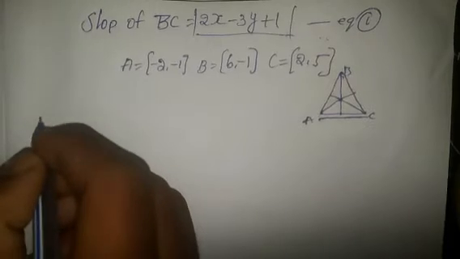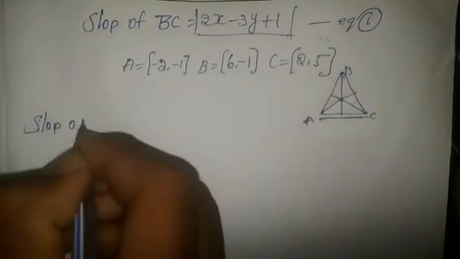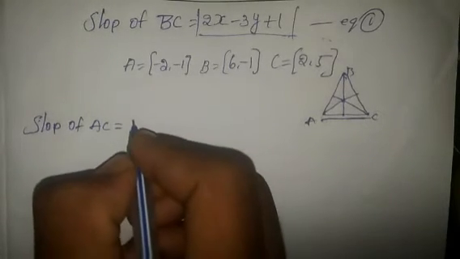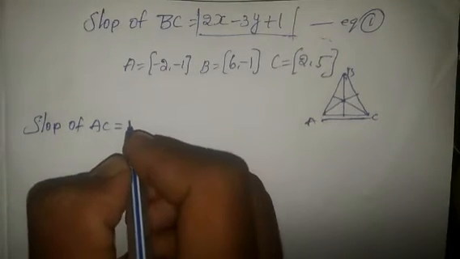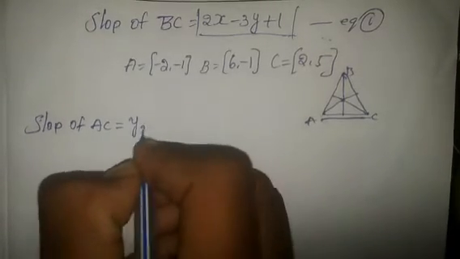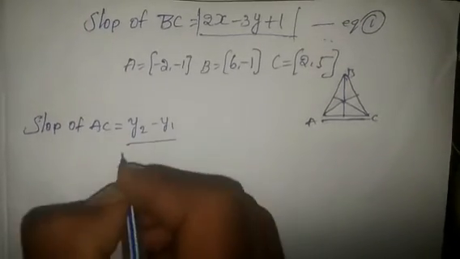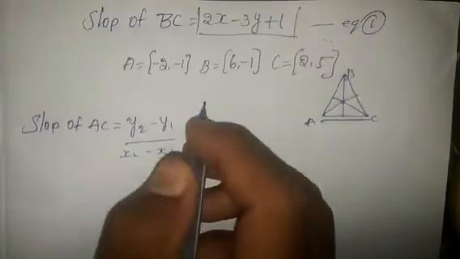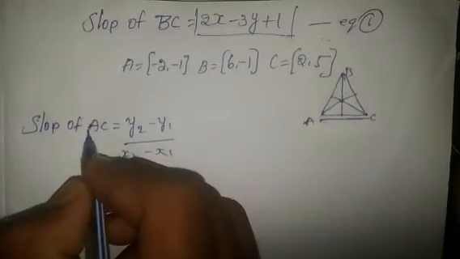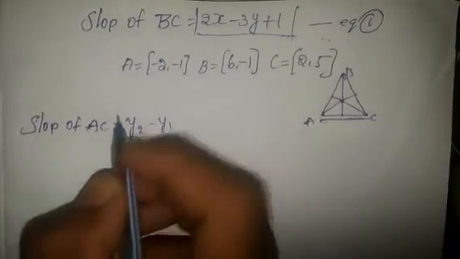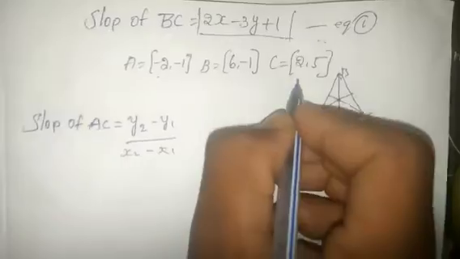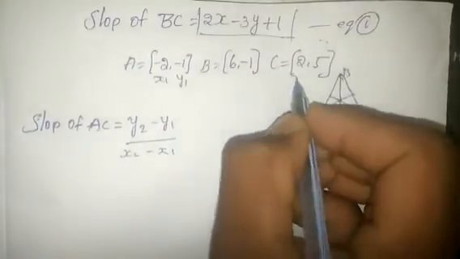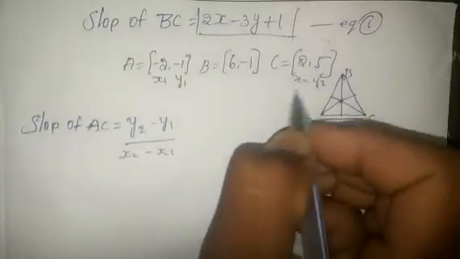So find the slope of AC. We know the formula to find slope, that is y2 minus y1 by x2 minus x1. Now for the slope of AC, we choose two vertices, A and C, so A is x1 y1 and C is x2 y2.